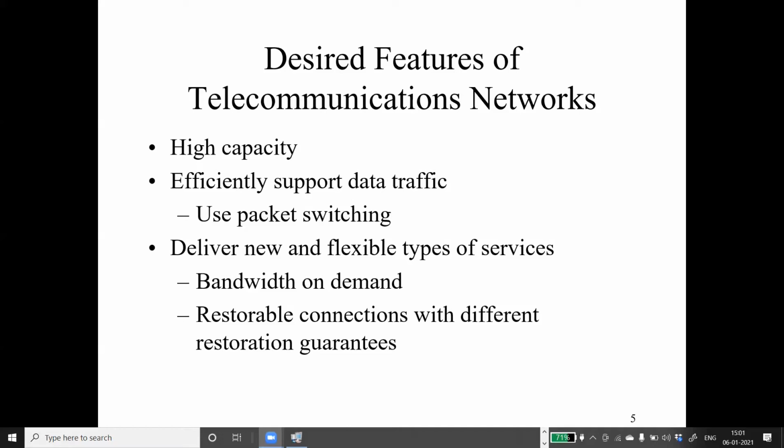It should never be that you scrap the old network and say the user requirements have changed, so I have to have a full new network. Every network can have delta increments to fulfill the bandwidth requirements of the users, and it should also support the existing and older connections.